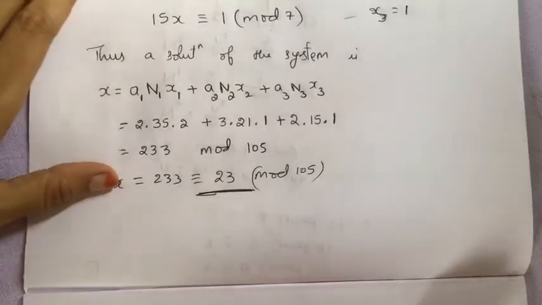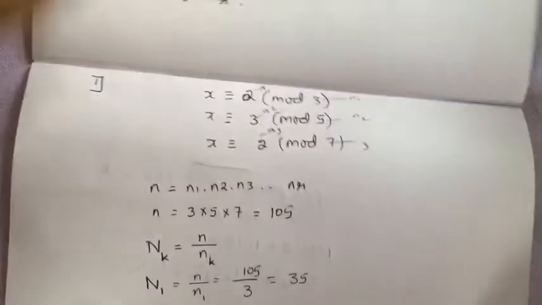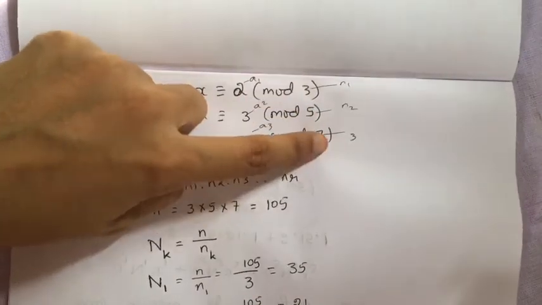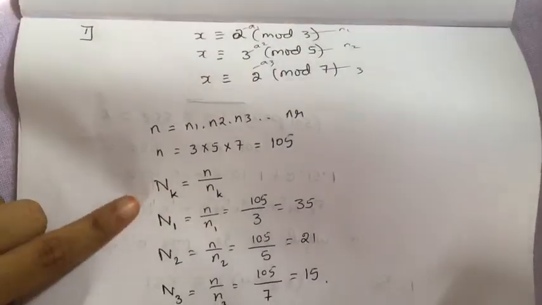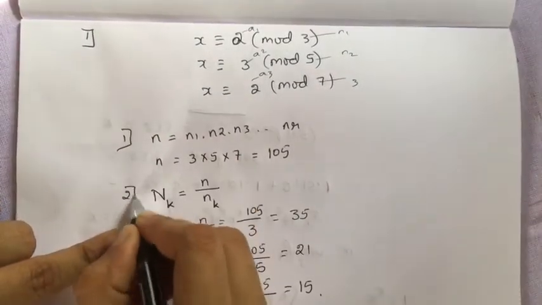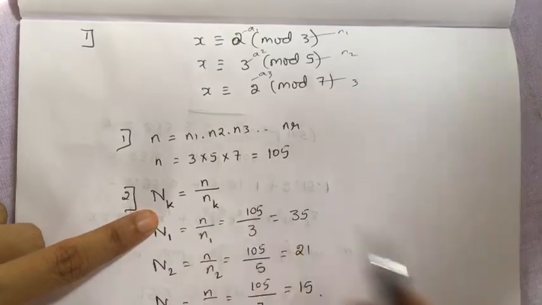So the first step is to calculate n, that is nothing but the product of these modular values, and then calculate ni. This is the second step, to calculate this.